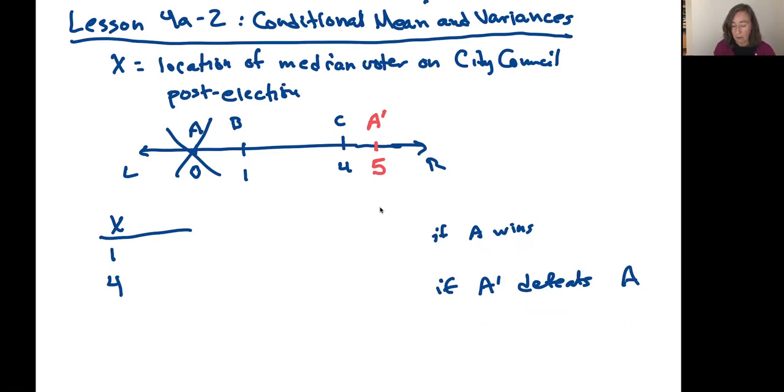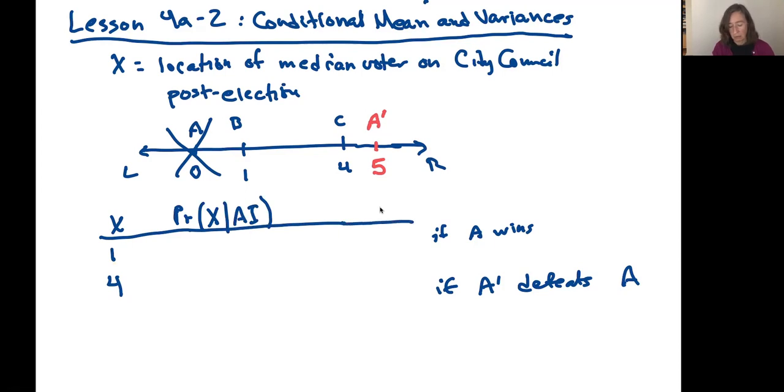So we're going to have 2 columns of probabilities that correspond to these 2 possible worlds. In one, we're looking at the probabilities that X is either 1 or 4, conditional on this event, which I'm calling AI, anti-incumbent sentiment.